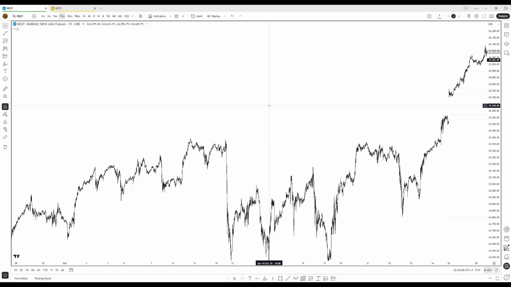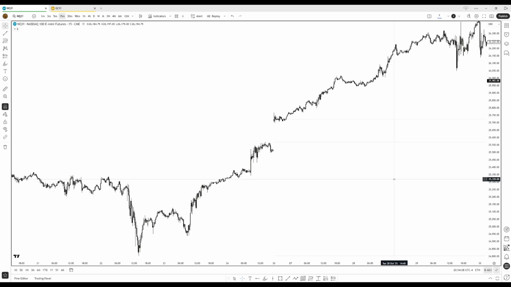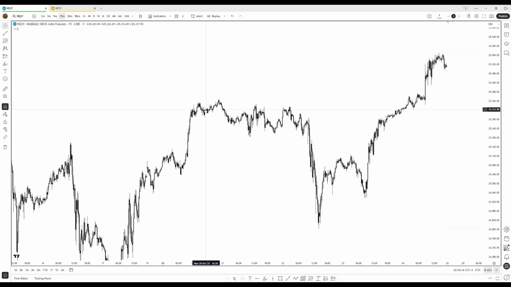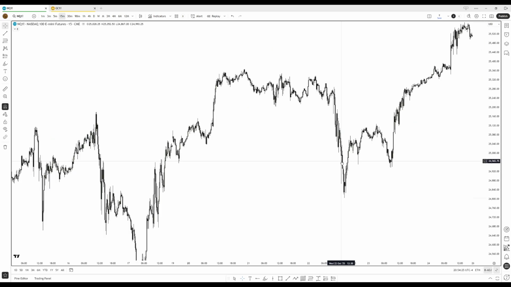If I'm looking at the charts here, you could tell me where this is going. This is a bullish trending market, as opposed to something like this, which is sideways, consolidating. Going bearish here, trending.